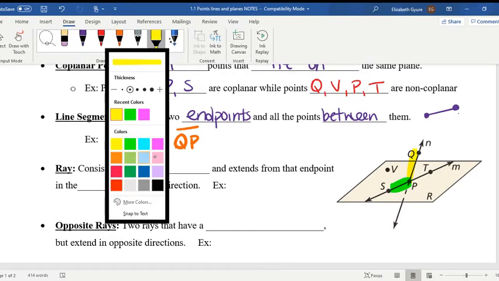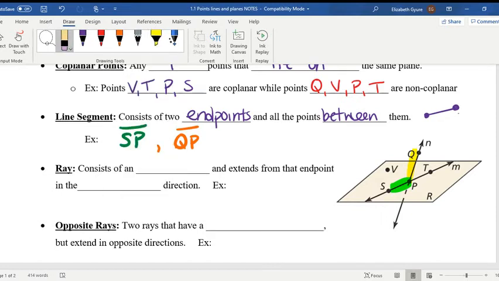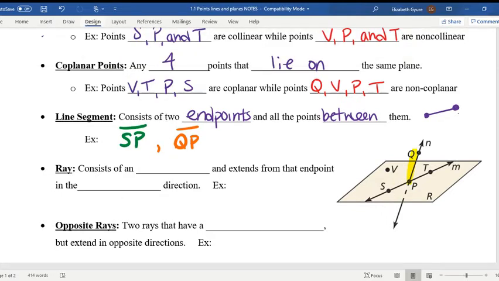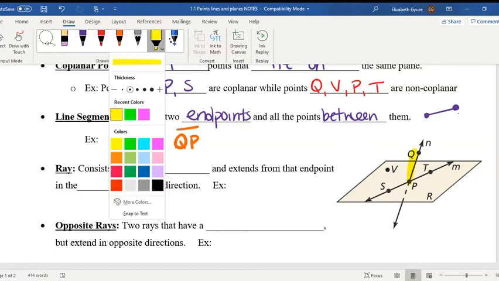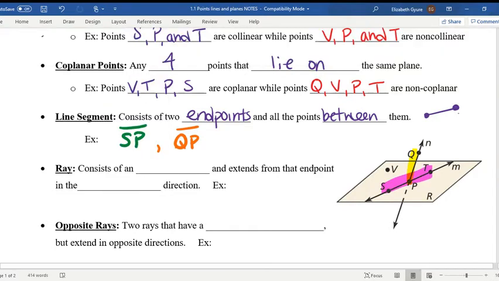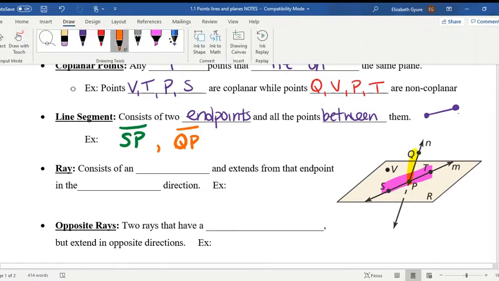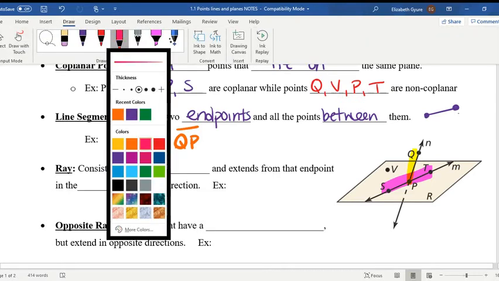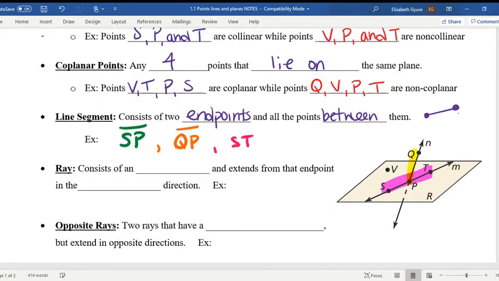For example, maybe we look at segment ST. Sure, yeah, P is in it, but that doesn't matter. You can still start at S and end at T. That's also a little line segment. So any of those little chunks there between 2 points. So S, T, and there might be some more options. That's just what I'm putting for now.